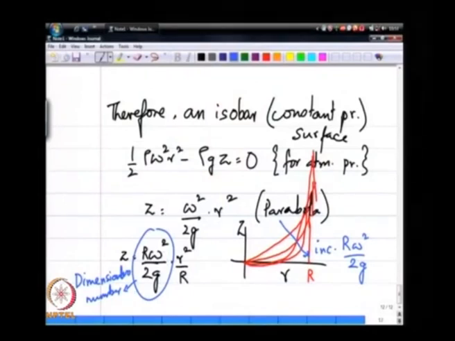So, what looks like a parabola in our regular container spinning is now going to look like a thin film that is sticking to the walls of the container, the walls of this exit orifice.